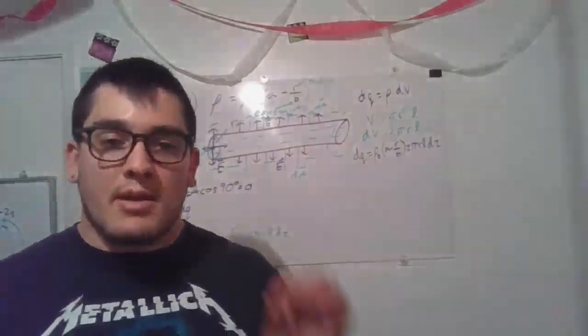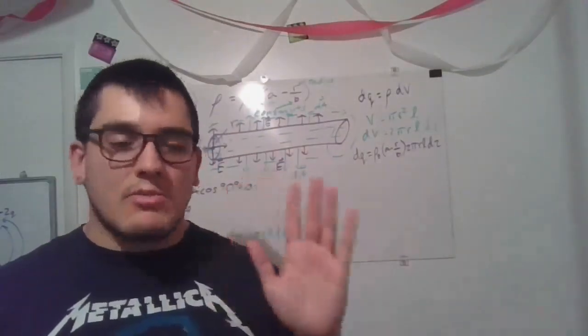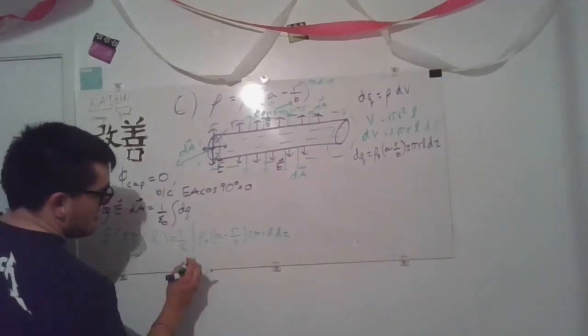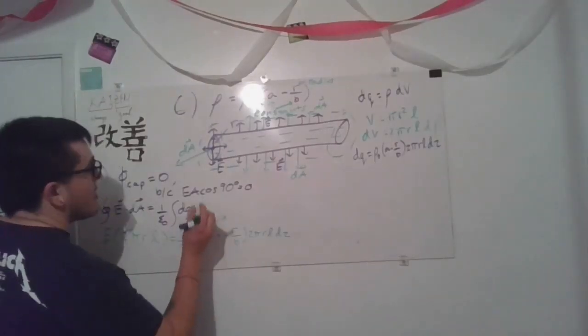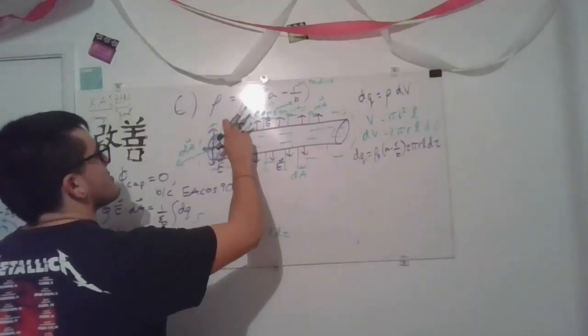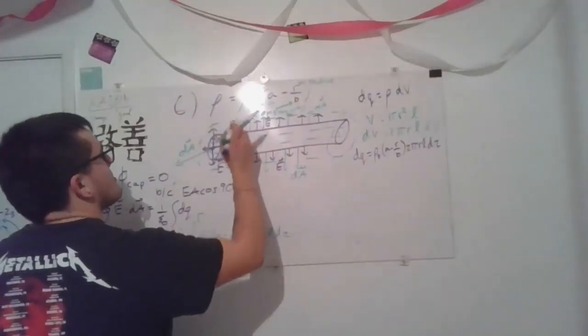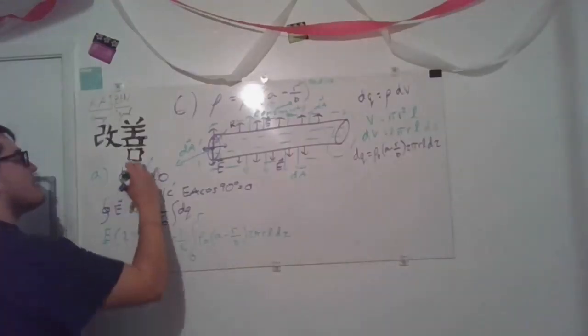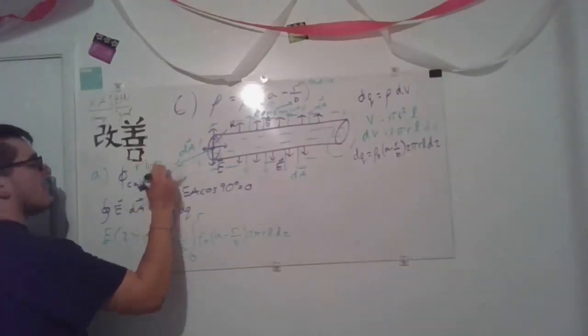I hate problems that have a little r and a capital R. It's so annoying. But yes, it will be from 0 to little r. Let me relabel this. This is big R, the R of the entire cylinder, right? So right here, we're looking for little r less than big R.